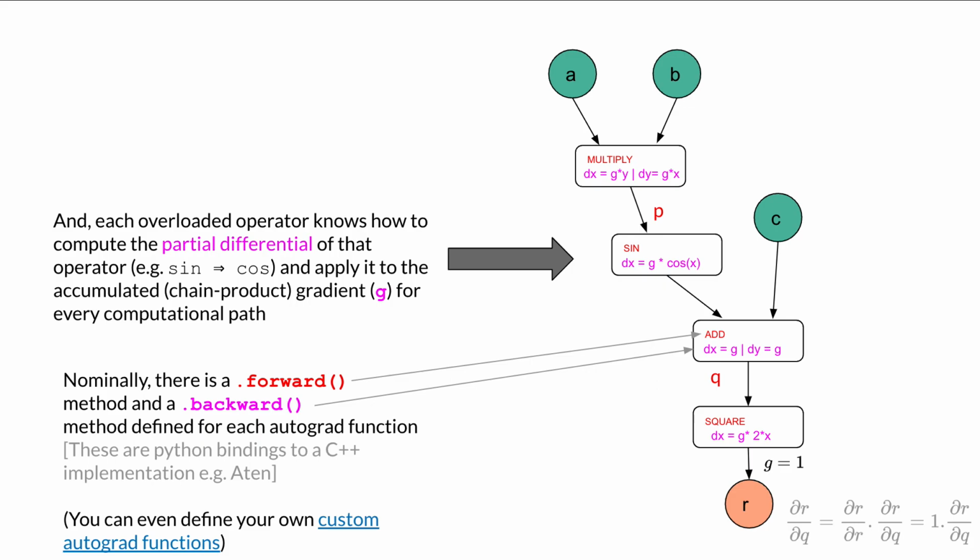If you had some mathematical operator that you wanted to insert into your network of functions, you could inherit from the Autograd class and then define your own forward and backward methods on that object to insert your own custom Autograd functions into the Autograd library.